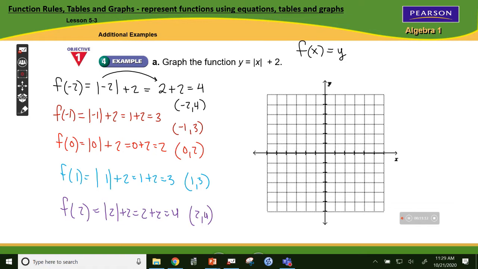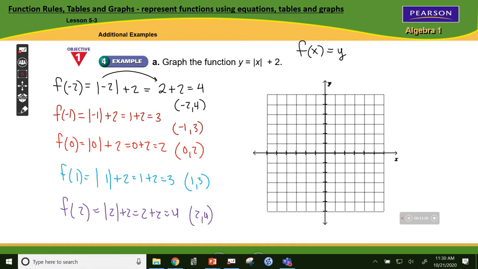So I've gone ahead and I've plugged in my 5 values. For -2, I got 4, which was one I did together with you. For -1, the absolute value of -1 is 1. 1 plus 2 is 3, so -1, comma 3. And then I plugged in 0, the absolute value is 0, plus 2 is 2.